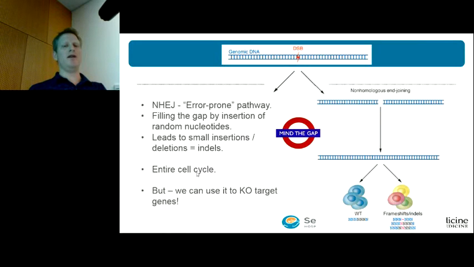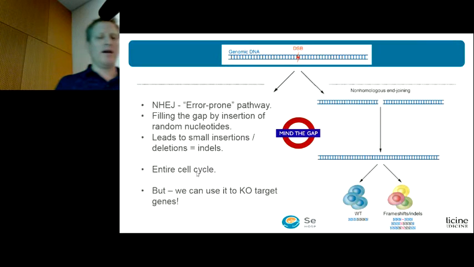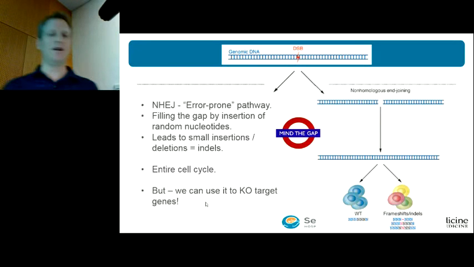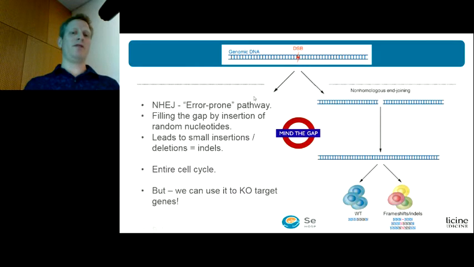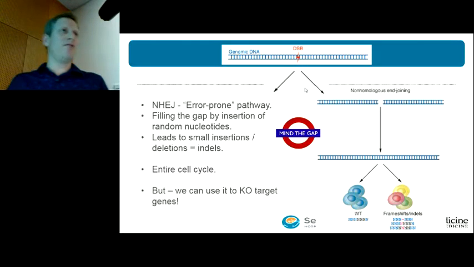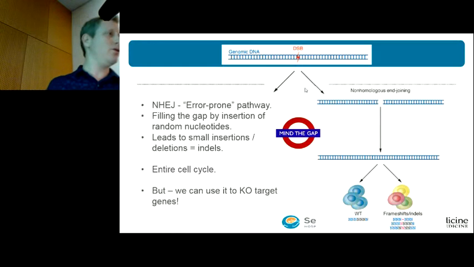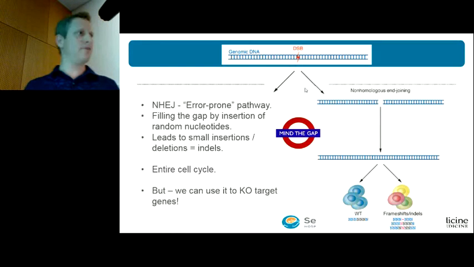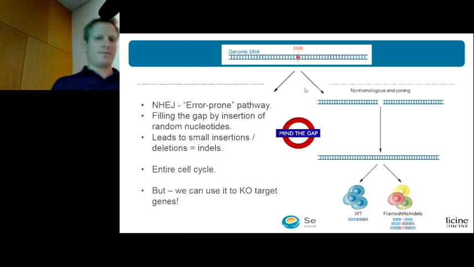You don't need any template to repair the DNA, but we can use it, so it's actually good for us. If you think about it, you can knock out the target gene. If there is a gene that you want to study and you want to knock it out from the cell, then you can induce these double-strand breaks, and at least some of them will be repaired not in the right way, so you're going to lose your gene of interest. So that's a way to knock out some genes.